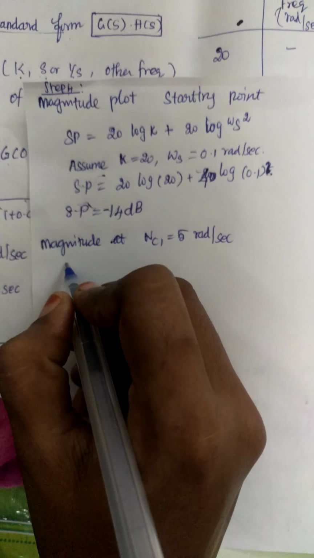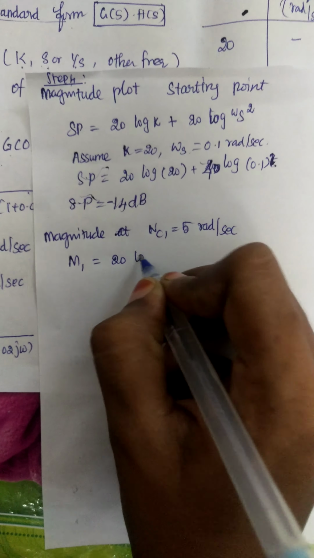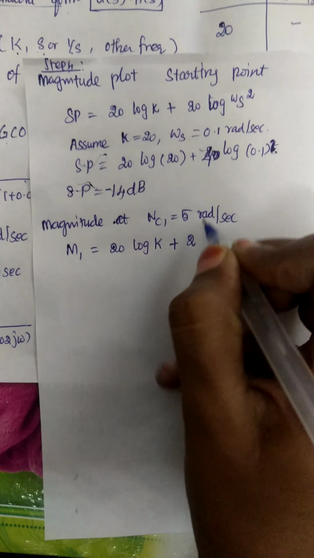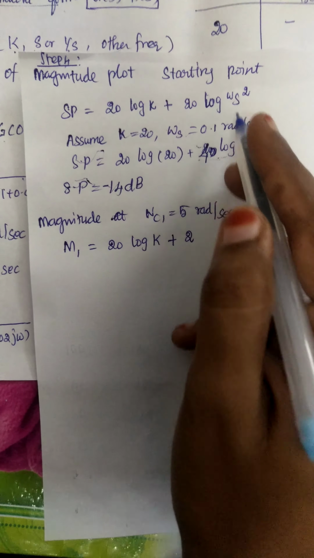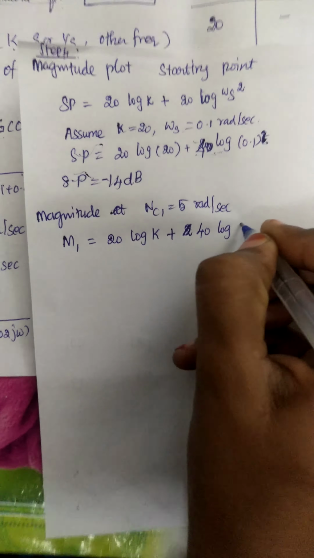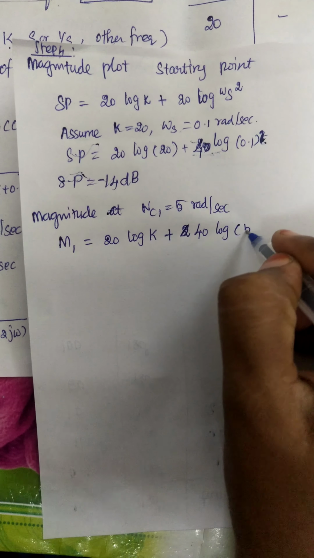The same M1 value: we are going to find 20 log of K, plus 40 log of, so why is it coming 40? Here s squared is there, so 40, 40 log of, so here 0.1 is there. In this case we are going to find this 5.